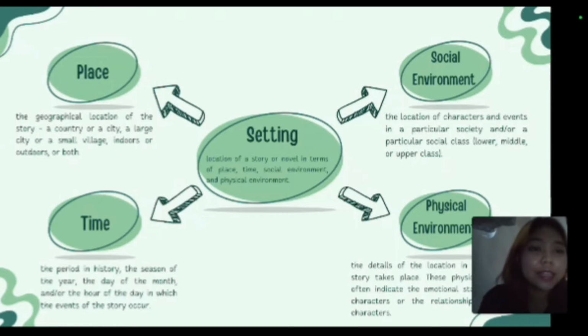In the setting, we will know where the story happened, when the story happened, and what factors or aspects influenced the social environment and physical environment of the story.